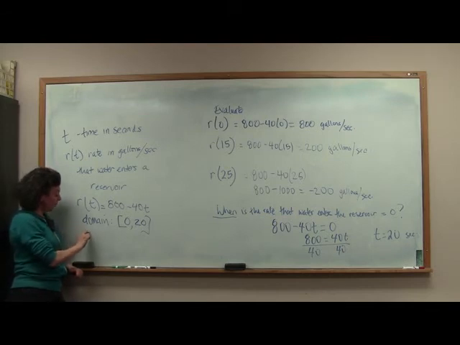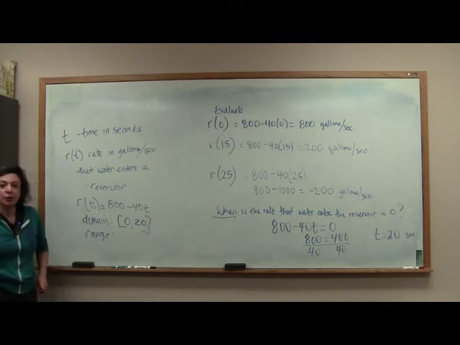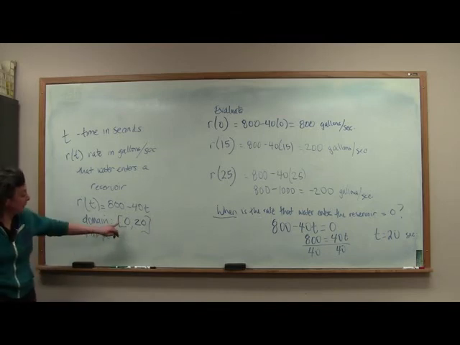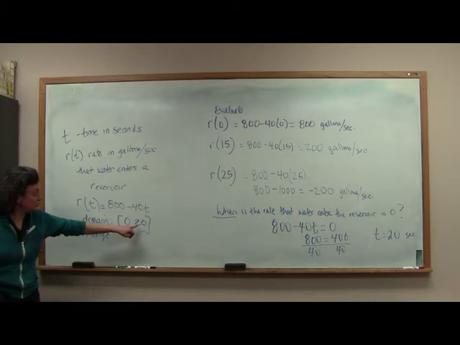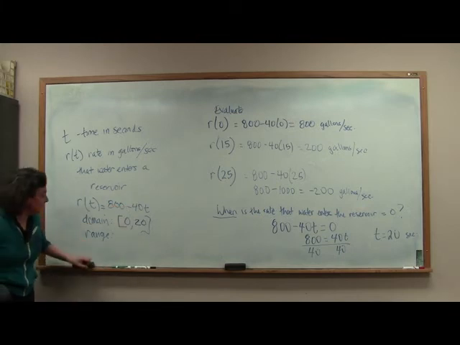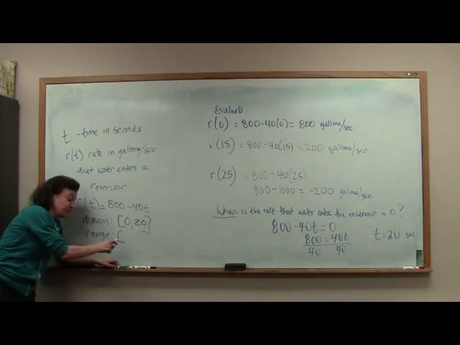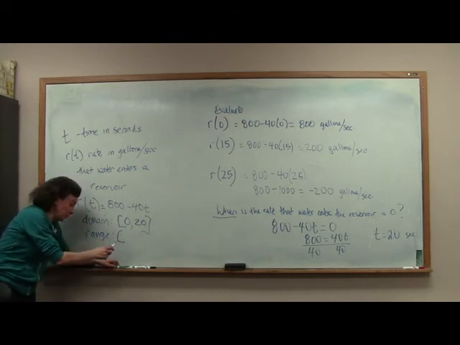Okay? Now, what if I asked us to find the range? Well, since we have the domain, and it can go from 0 to 20, what you could do is plug them into your function to see what the corresponding outputs are. Now, at first this is not going to be written in order.